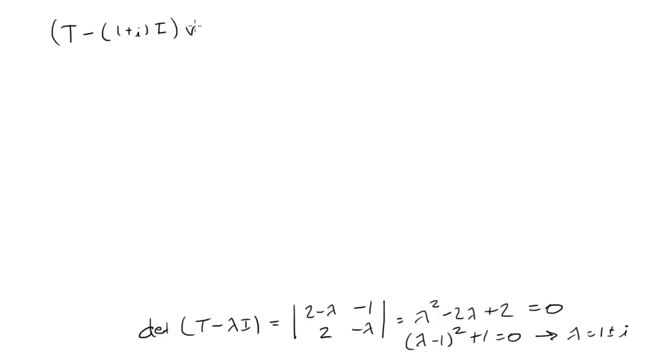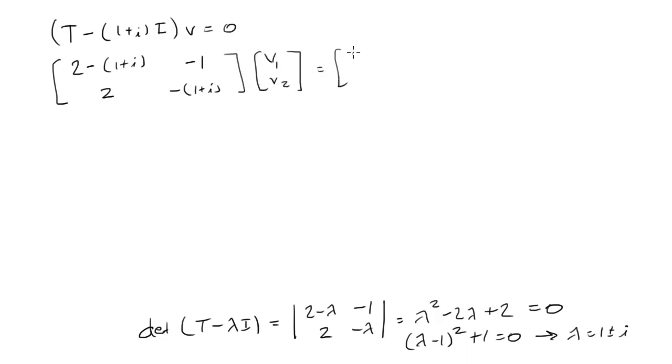Compute the eigenvector by finding the null space of T minus lambda I. So we set it up. Since it's a 2 by 2 matrix and it has to be non-invertible, we already know the second row is going to be zeros.